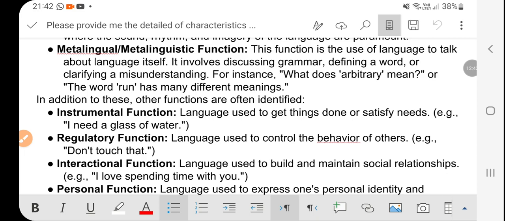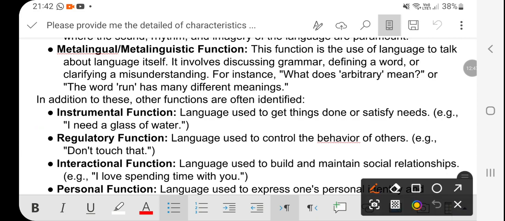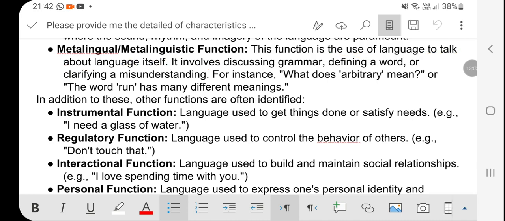When language is used for language explanation. So that's the same, they are saying that's a function, to use the language to talk about language itself. Okay, so that is it.